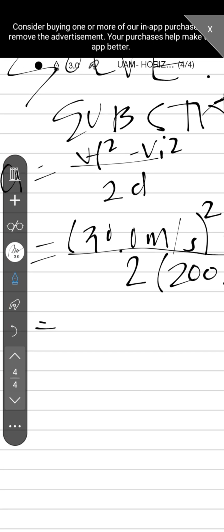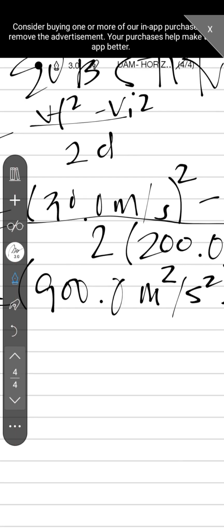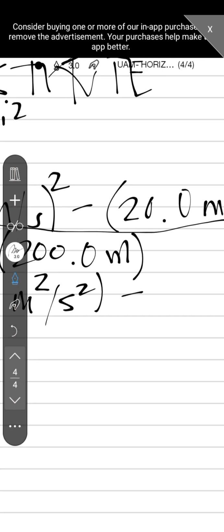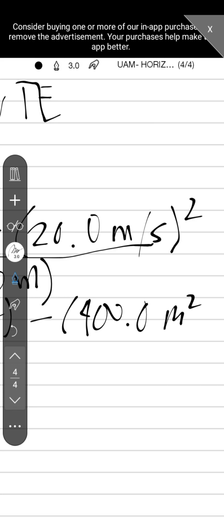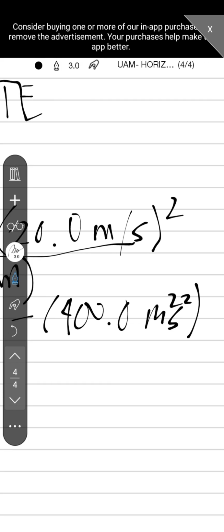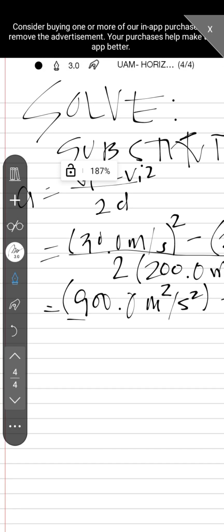Let us then multiply our values. 30 times 30 is equal to 900 meters squared, since m squared is m times m and s squared is s times s. So we're gonna put m squared over s squared, minus 400 meters squared over s squared.